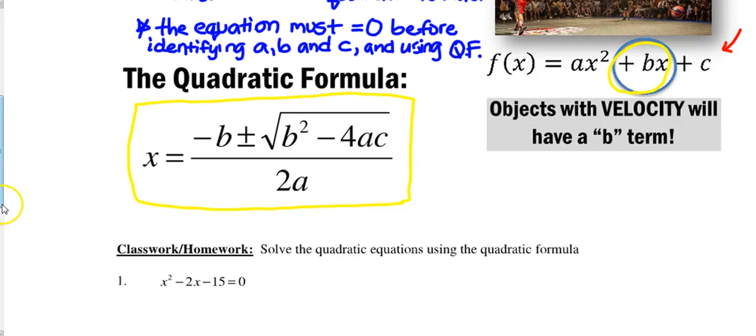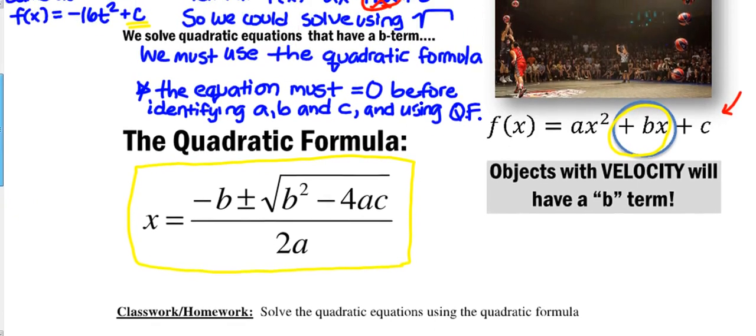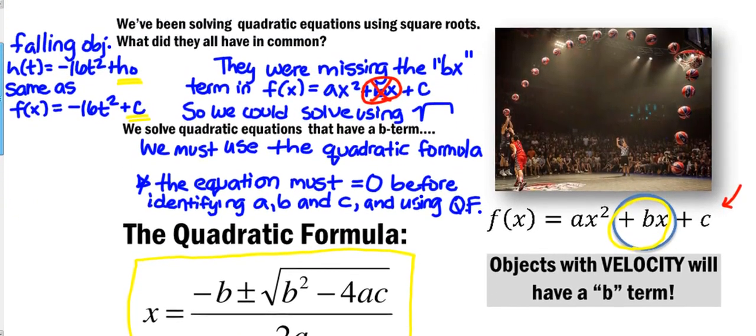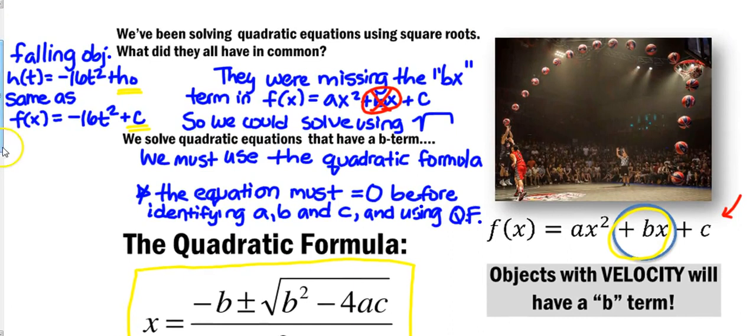The reason we're refreshing our skills on this is because we are about to start looking at objects that have velocity. So here we have a time-lapsed photo of a basketball player shooting a basketball. Here, from where he releases it, he has to put velocity on that ball for it to create this shape.